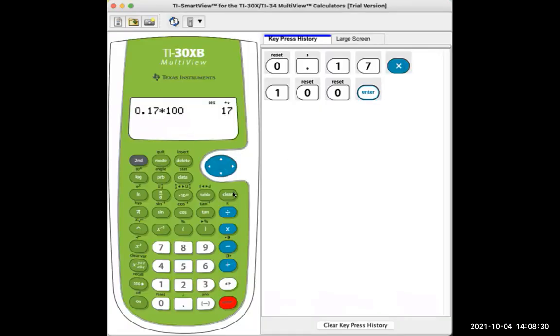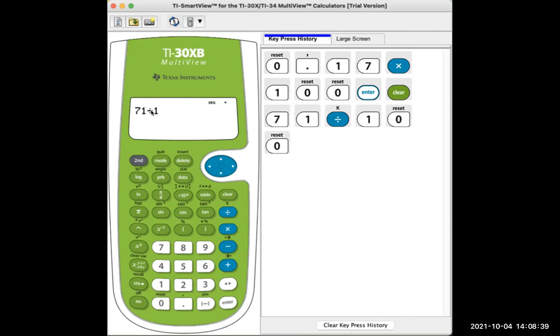So here it is. I'm going to clear the screen. Got 71. Now remember, divided by 100, we can also type this, yeah? It's easier to type this rather than this one here. Have a look. ND 71. You got to press the down arrow and then you press the 100.